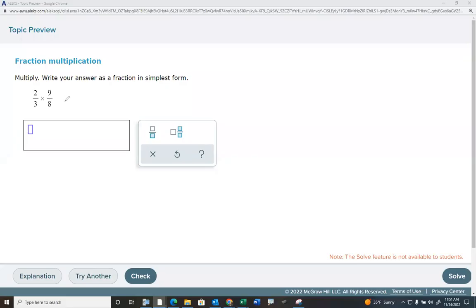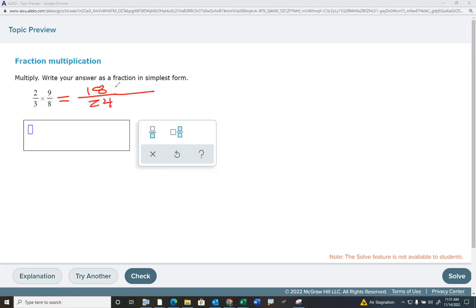Okay, so here we are. We're doing more fractions, except this time you don't have to put the 1 underneath anything. Not that that was particularly challenging or onerous. Okay, so again, I could just say 2 times 9 is 18. 3 times 8 is 24.